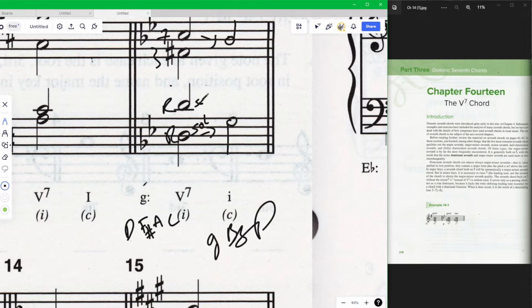Ti, and this is Fa. So goes to Do, So can stay as So, and that's the fifth of the chord. Root, third, fifth, and this is going to go to the root. Ti goes to Do. Root, root, third, fifth. Incomplete to complete.